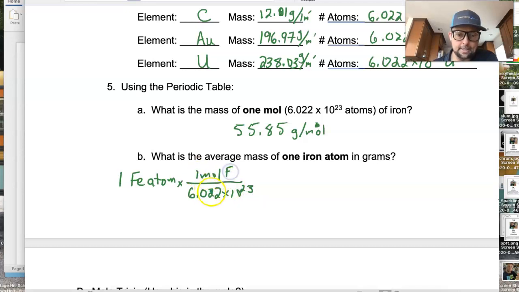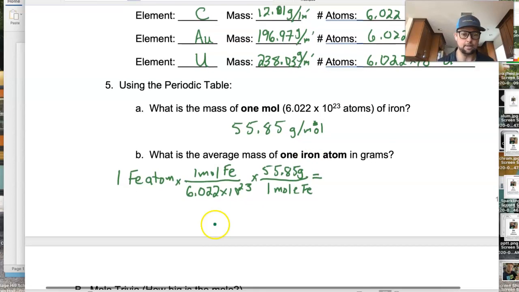So 1 divided by 6.022 times 10 to the 23rd is going to be a very small number. And then we're going to multiply how many grams of iron, which we just said is 55.85 on our periodic table, grams of iron in 1 mole. So I'm going to pause for a second, do this calculation.